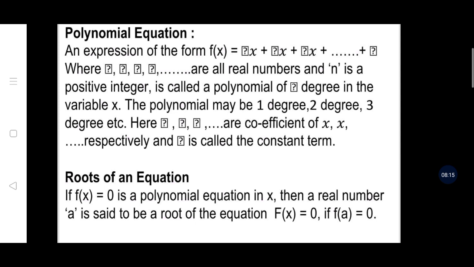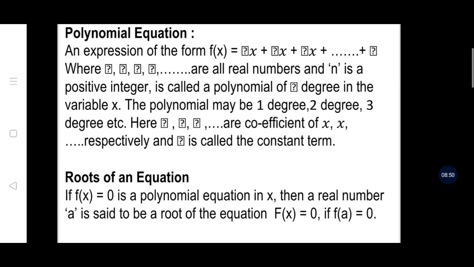Thus, when a variable is multiplied by a known quantity, that quantity is called the numerical coefficient of the variable, but the variable is called the algebraic coefficient of the known quantity. This is the indication of polynomial equations.